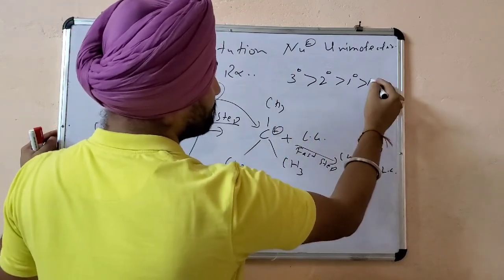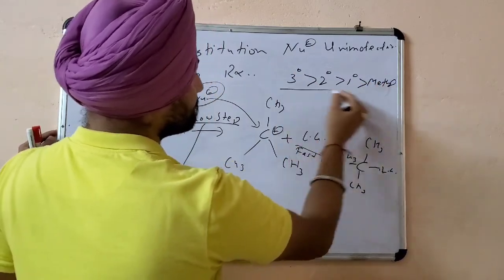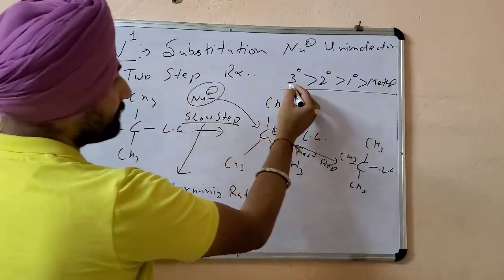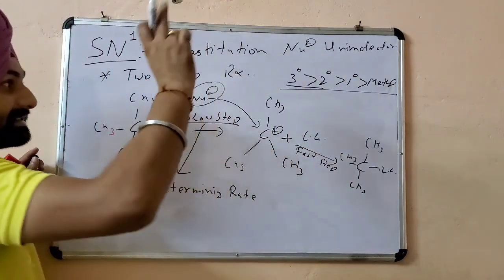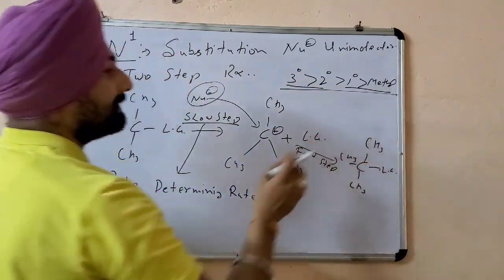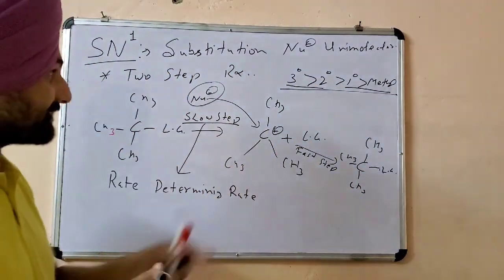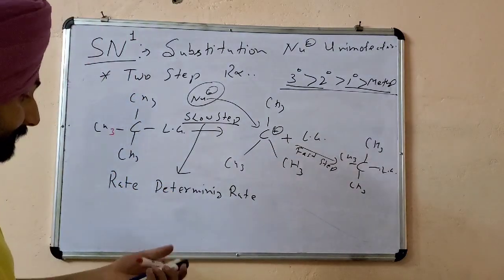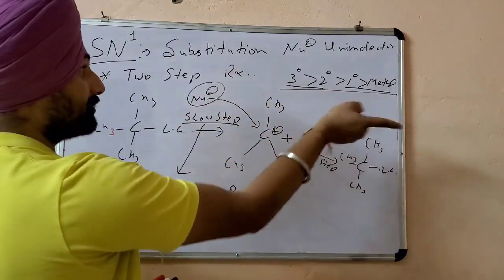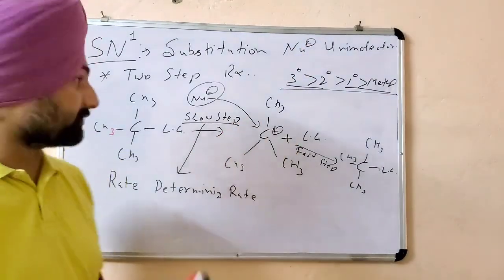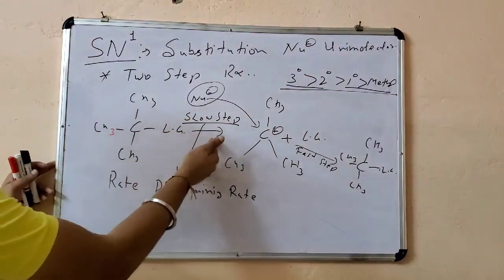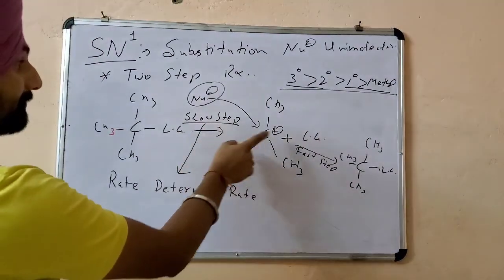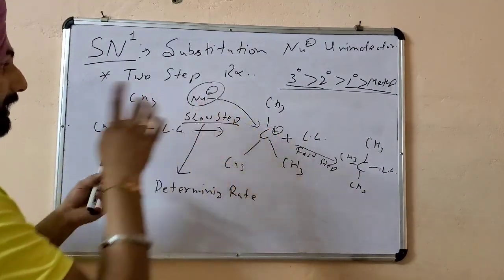So we'll write here methyl. So this is the case. Generally SN1 is favored in tertiary and secondary, SN2 is favored in primary and methyl. These are the general trends which we observe in our chemistry reactions. It is quite the opposite to the SN2 mechanism, right? So the first step is your rate determining step, the second step is a faster step. The first step is the slow step where the carbocation is formed.